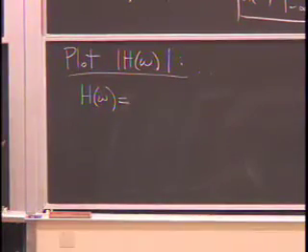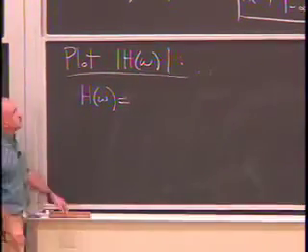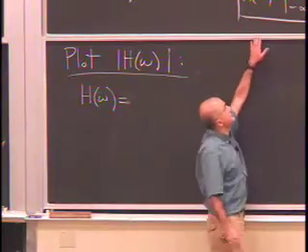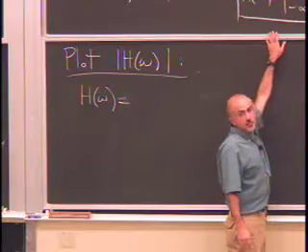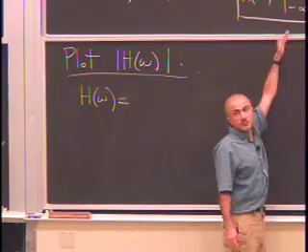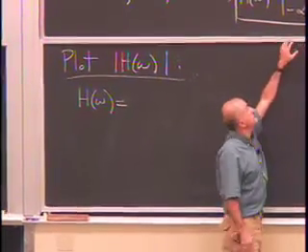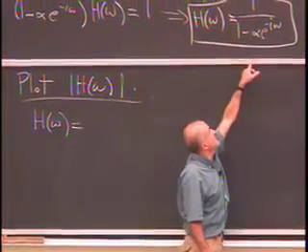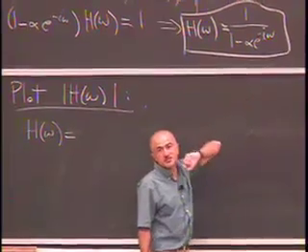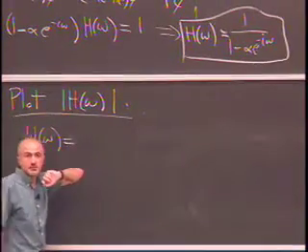A good procedure for this is to convert H of omega to a ratio of polynomials in e to the I omega where the power of each of the e to the I omegas is non-negative. So right now I have an e to the minus I omega sitting in the denominator.